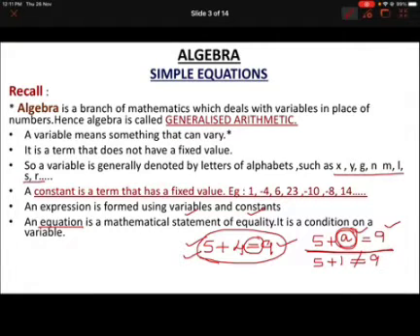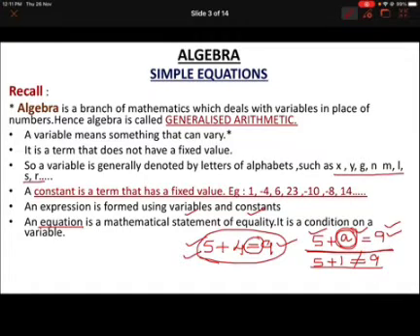I hope you all agree with this. So this is not a statement of equality. So I have to keep on supplying values for this variable A so that the left hand side of the equation, LHS, as you have learned in the previous class, should be equal to RHS, that is right hand side of the equation.